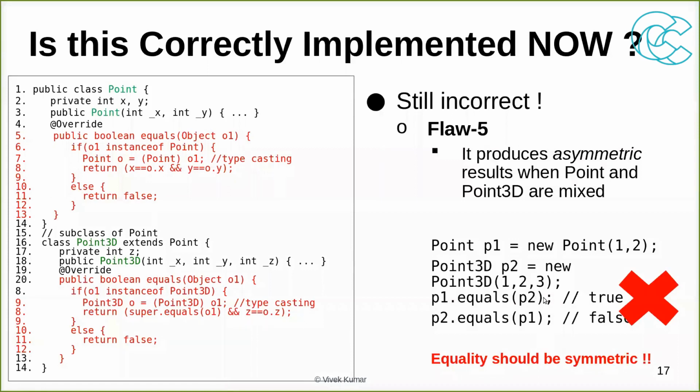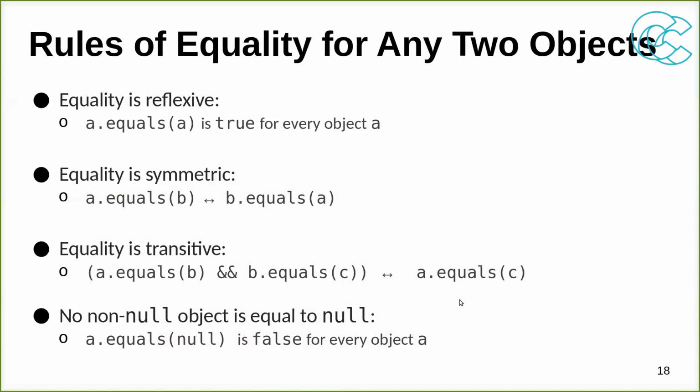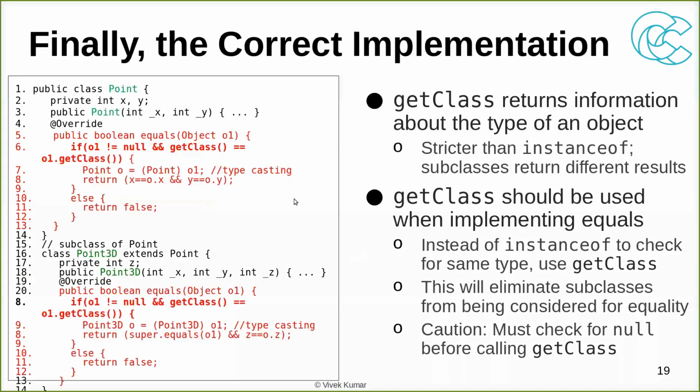Unless both are the same, it will not continue; the if statement does not get satisfied, so it will go to else and return false. We do that for Point3D as well. So you check for not null, and then you check the getClass for each of them, and if it is true, only then you proceed.